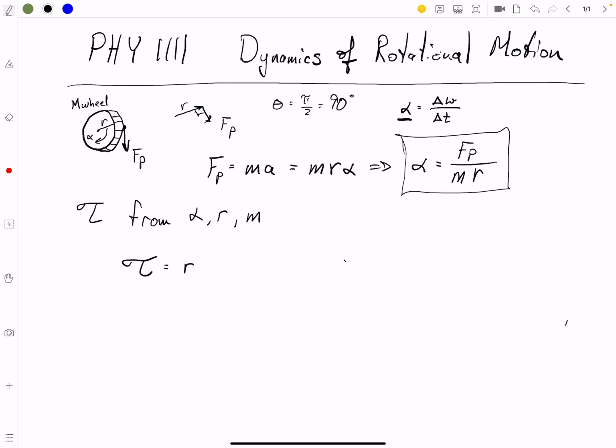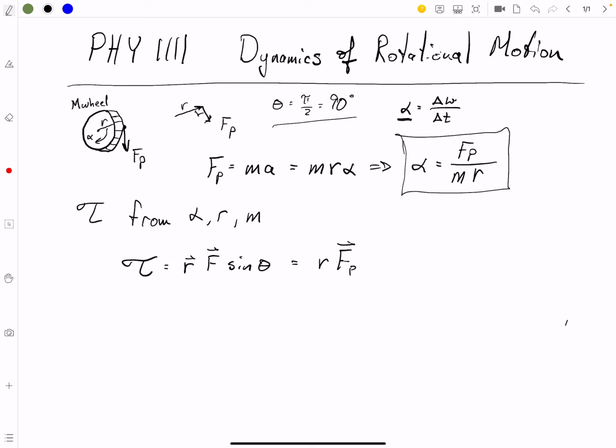Torque is equal to r times the force times the sine of the angle between these two. But since that is 90 degrees, the sine of 90 degrees is 1. So we have just the radius times the force that we're applying.